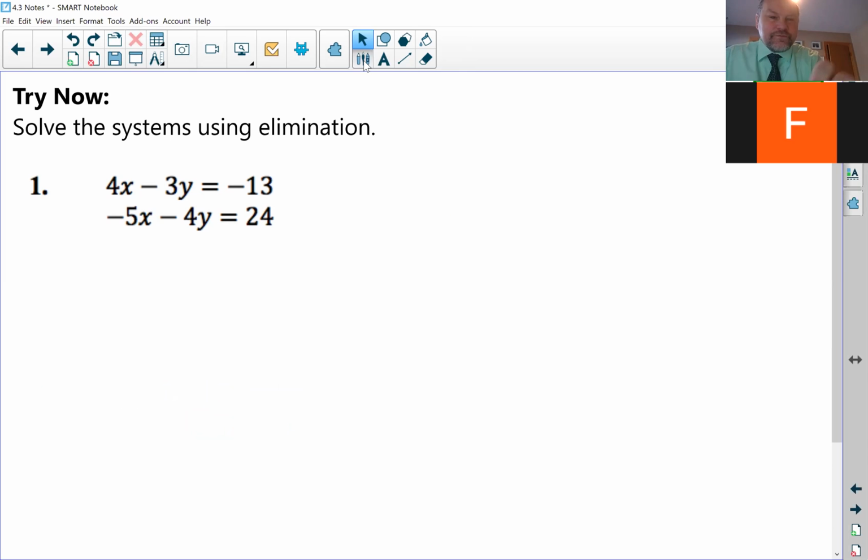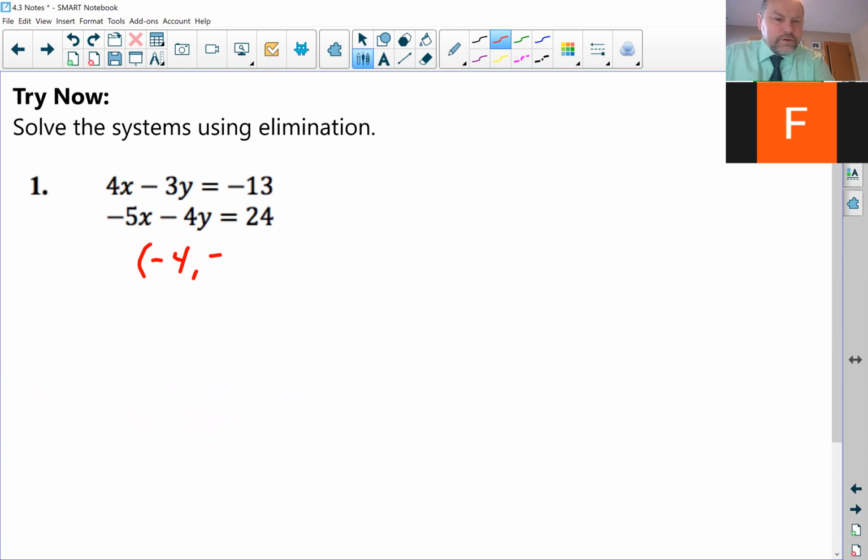So my solution for the first one is -4, -1. So I know some of you just gave the X value in your chat when you shot the answer down. Make sure you have both the X and the Y.